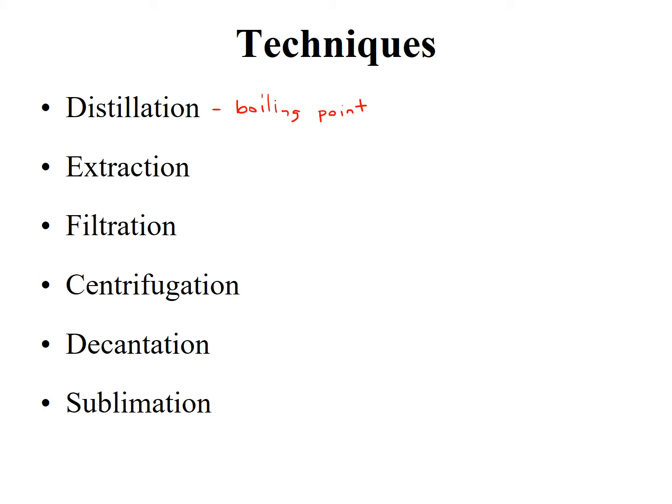Now, the next technique that we could use is extraction. Extraction is the removal of one substance from a mixture because of its greater solubility in a given solvent. So this is based on solubility, and you're going to do this in this experiment.